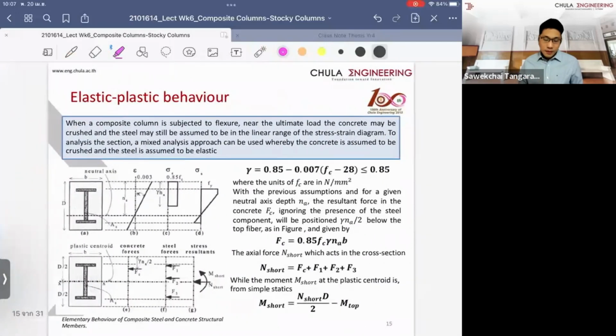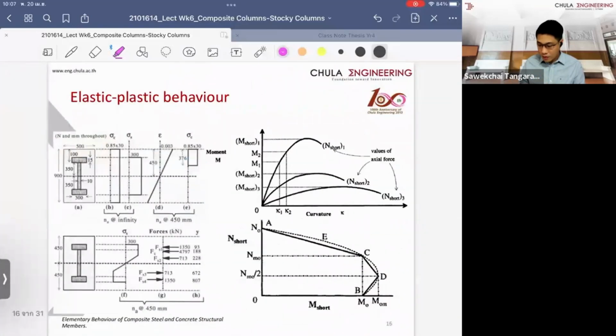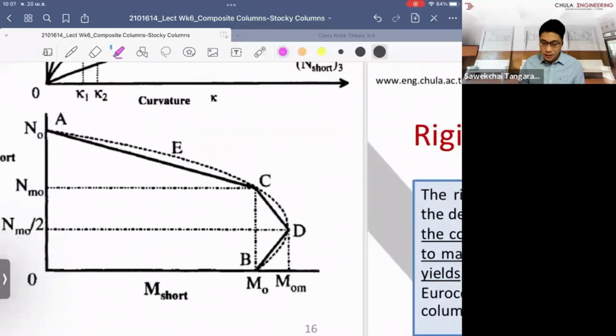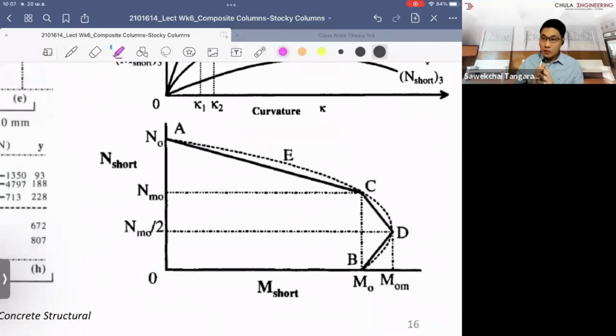Okay, now what we do next is that we need to approximate the capacity of the column. We look at the section capacity. The idea to calculate the section capacity, let me show you, this is the diagram we look for, and we call it an interaction diagram, which is similar to what you did in the reinforced concrete designs, the post-tension and pre-stressed concrete designs, or the steel design.